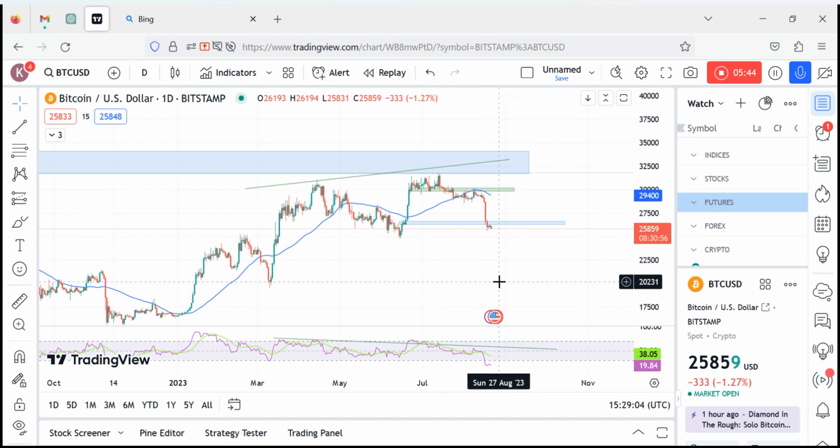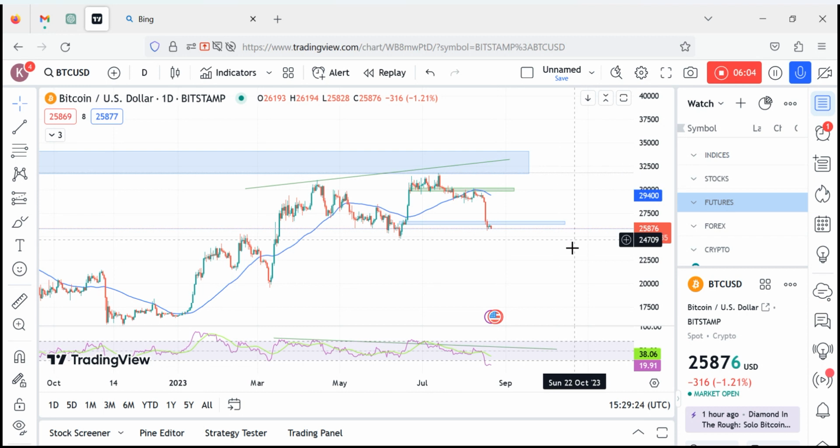Right now, we have established the fact that the market wants to go down. So any movement or pump from this level is a fake pump. It's a pump to distract retail investors. Any movement from this level up is a fake pump.